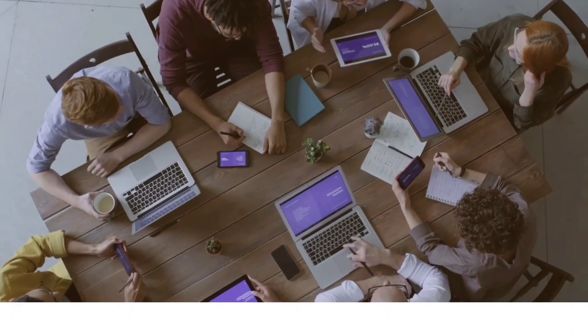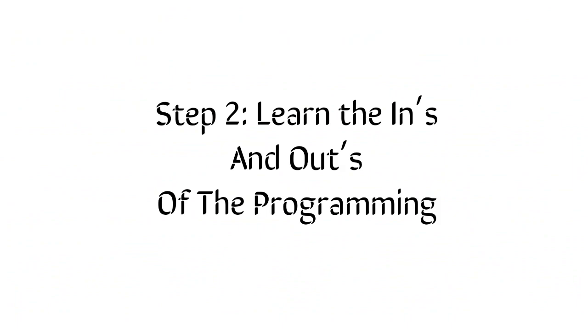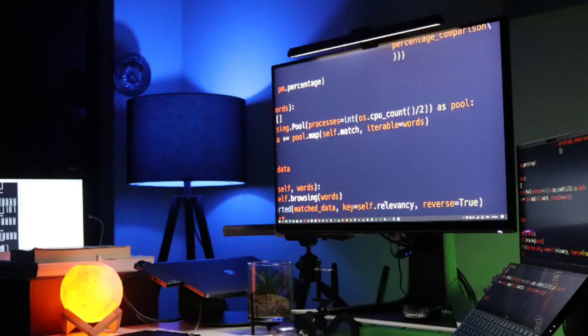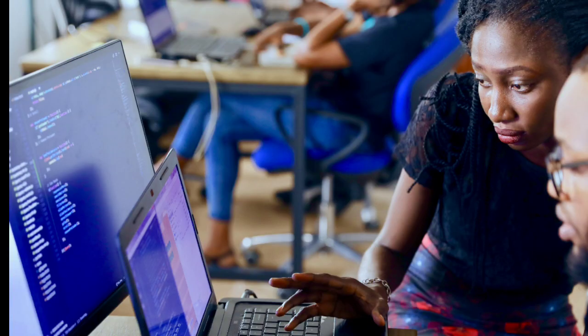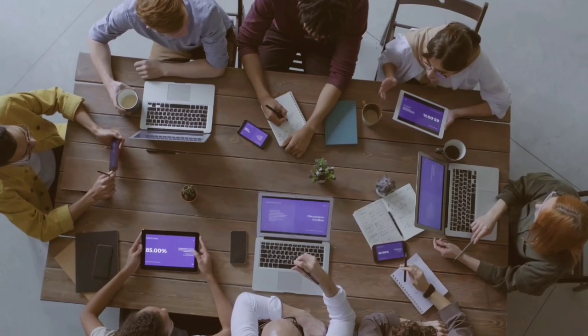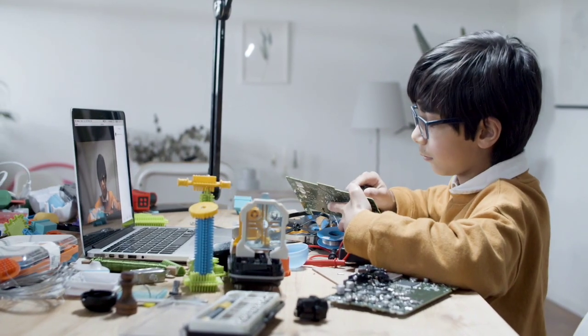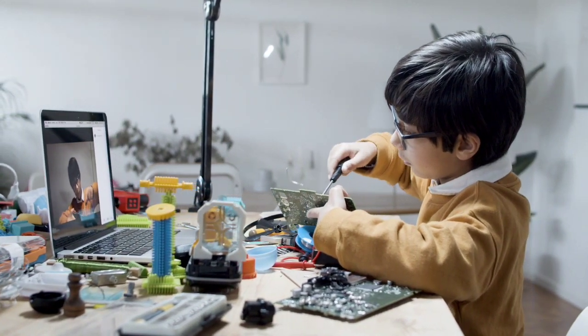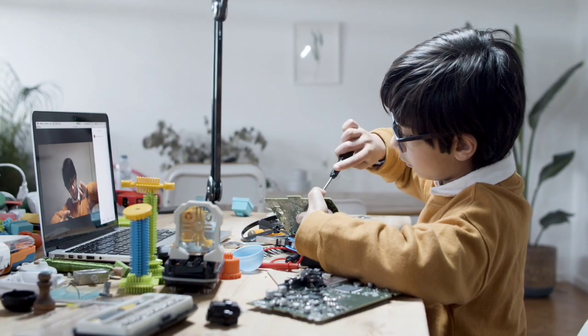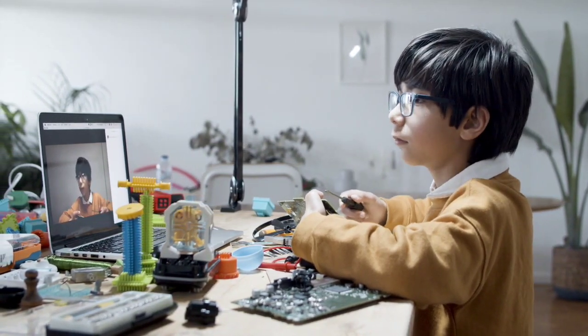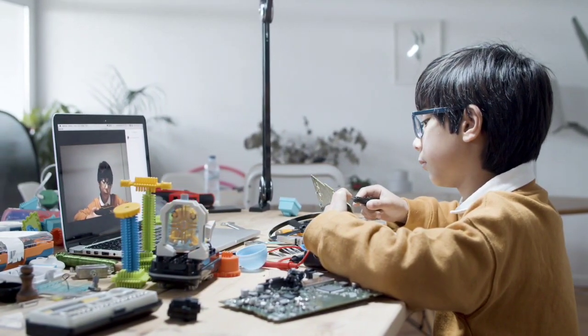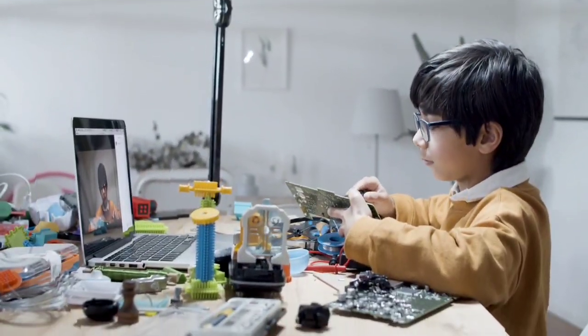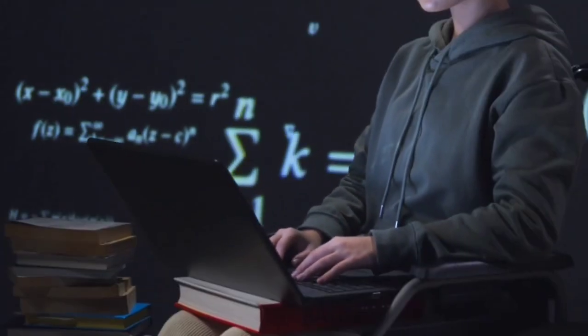That is your call. Step number 2, learn the ins and outs of programming. After you know how to code, you need to know how your code is working, how your code is communicating with hardware, software, and components underneath your computer. Frankly speaking, it is very hard to gain a deep understanding of every aspect of computer science since it's such a huge and vast field of study.